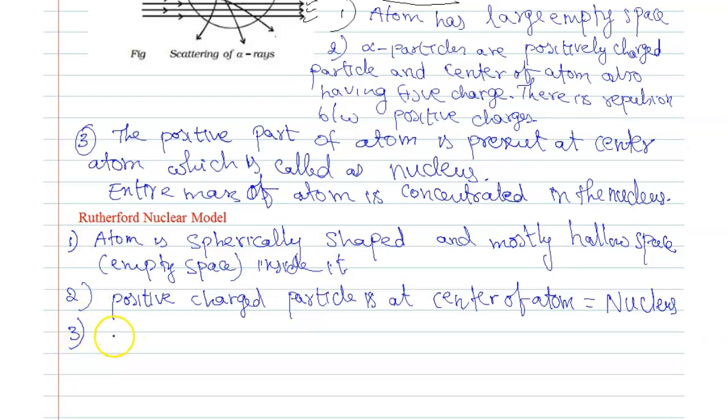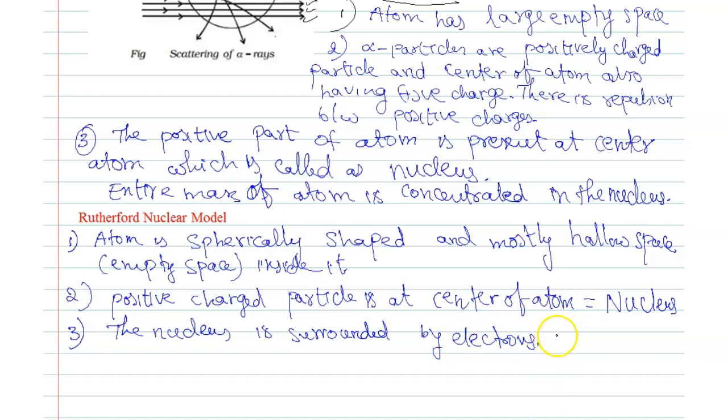Next, what about electrons? The nucleus has a positively charged particle. Then what about the negatively charged particle? The negatively charged particles surround the nucleus. So the nucleus is surrounded by electrons.